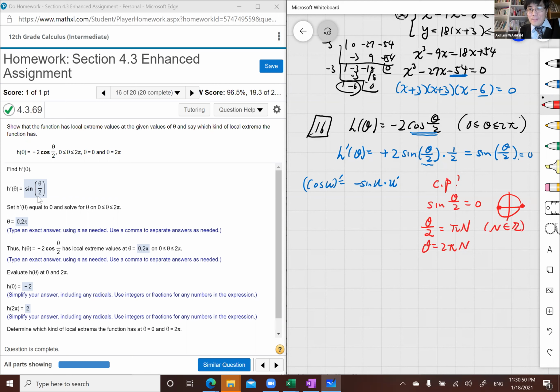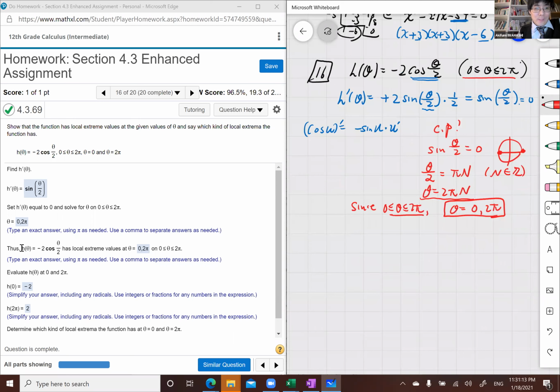But since we have a domain restriction, 0 through 2 pi, the only theta satisfying this is theta equal to 0 or 2 pi. So those are the critical points.